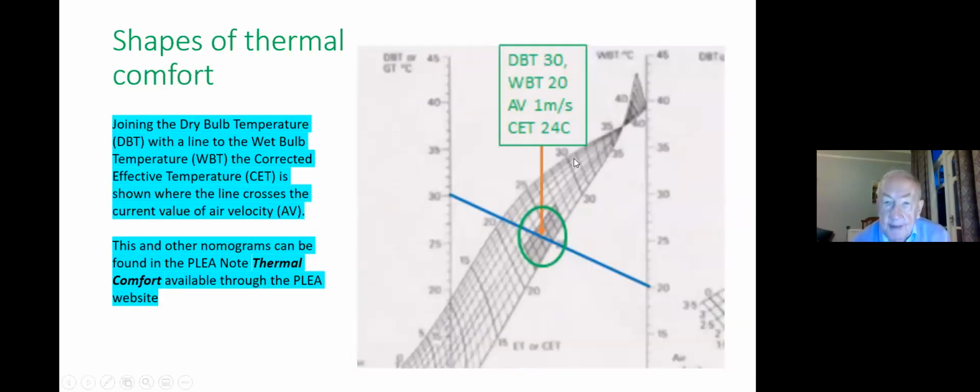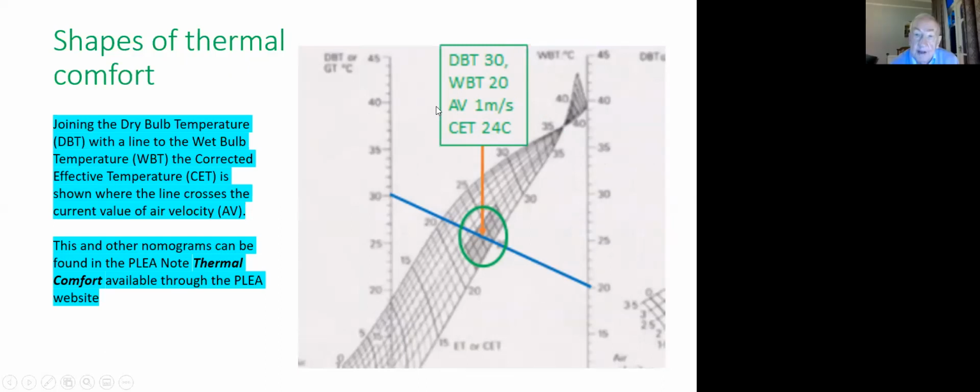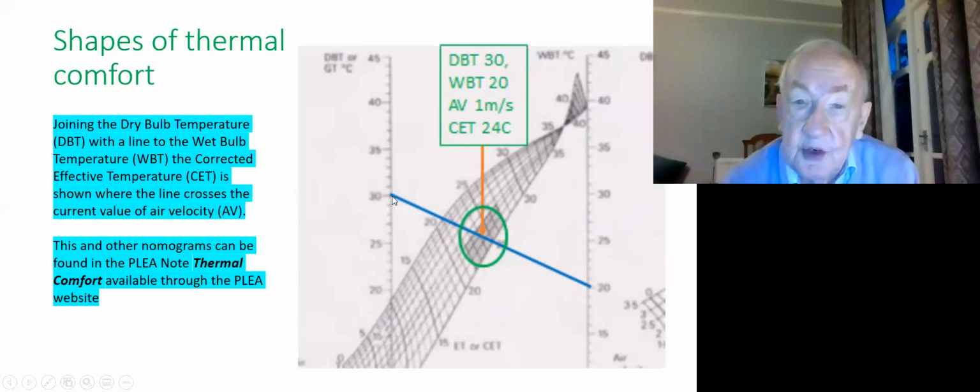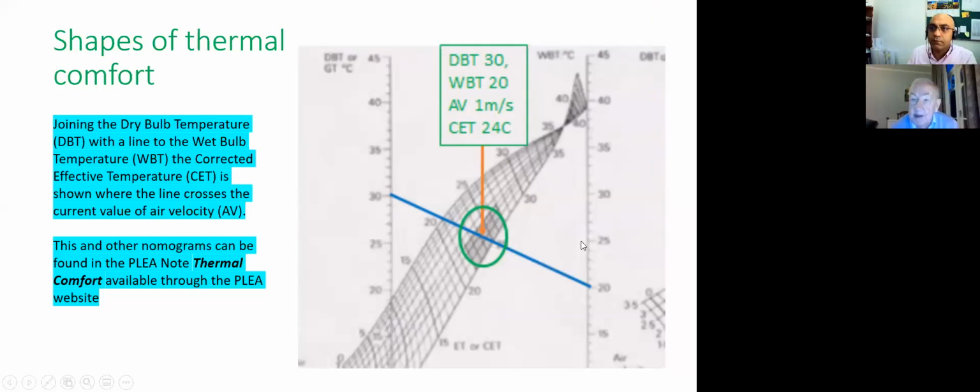What you do is you've got the dry bulb temperature down this side and the wet bulb temperature down this side. I'll explain what those are in a minute. And then you have the air velocity. Each of these lines is a different air velocity. So if you have a dry bulb temperature of 30 and a wet bulb temperature of 20, you join the 30 on the dry bulb side to the 20 on the wet bulb side, and then you ask what air velocity we have.